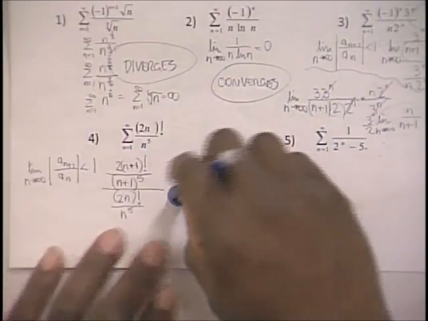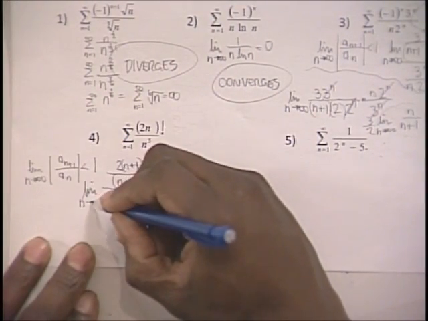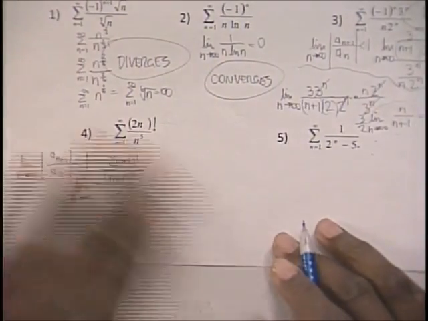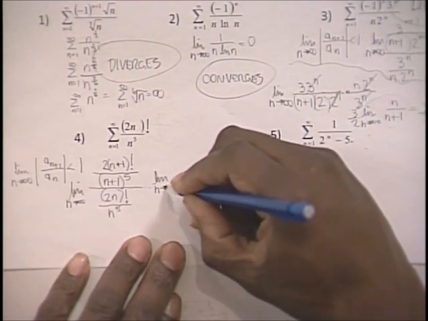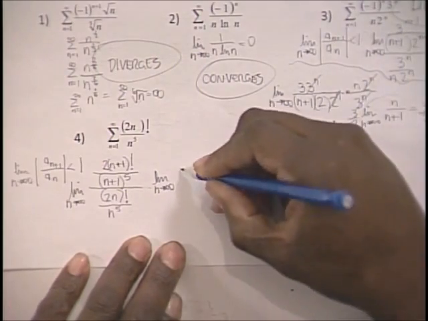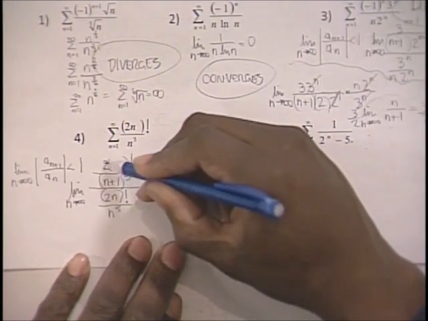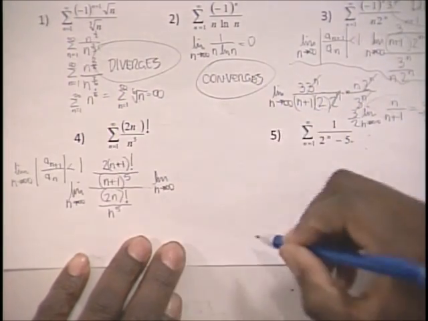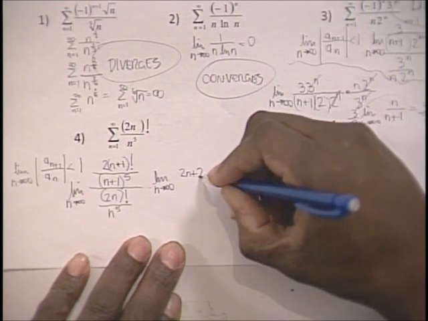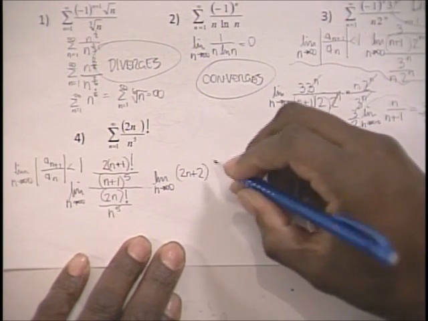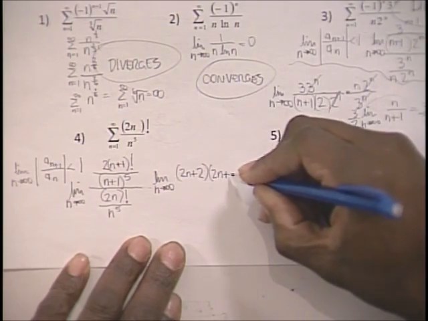All right, so now what we're going to do is apply the limit as n goes to infinity. So what I'd like you to do here is the limit as n approaches infinity of 2n plus 2. This is 2n plus 2 if you distribute that in. So that's 2n plus 2 times 2n plus 1.